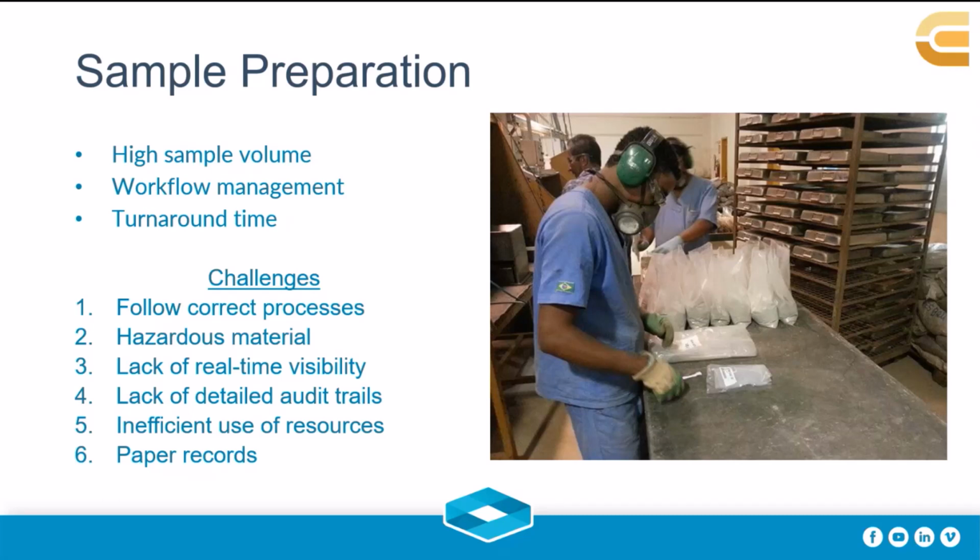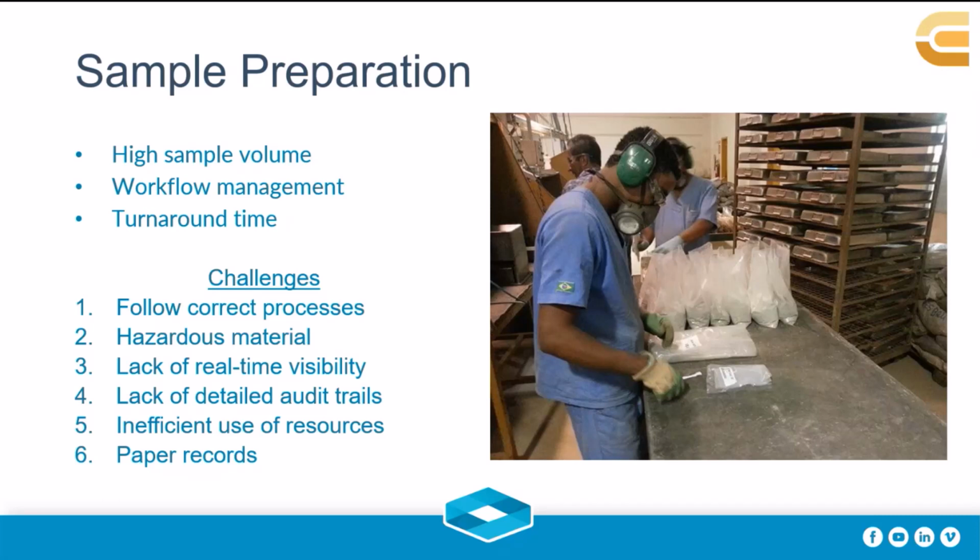Some laboratories have hazardous materials inside their samples. So the sample preparation staff need to be able to handle them differently and have the correct PPE, so you don't expose that staff to the hazardous material.